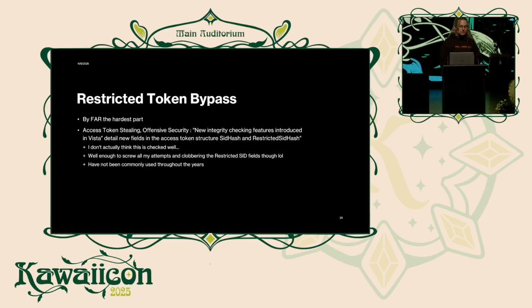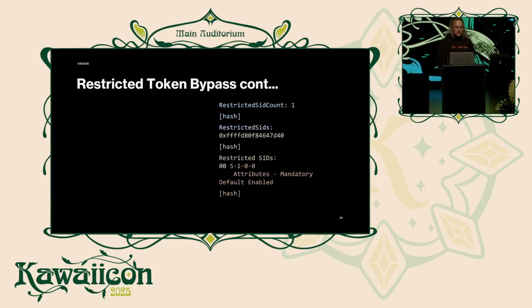Well, that was only half our problem. The hardest part was the restricted token bypass, and this took me a considerable amount of time. I was reading a whole bunch of stuff about it, and nothing really was clicking for a long time. But let's have a look at what they look like in WinBag again.